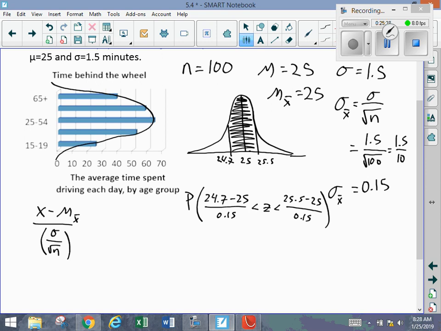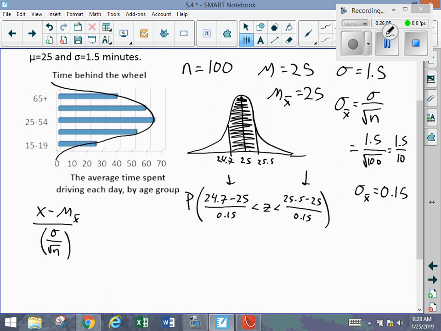Sorry, those things are running into each other there. I'm going to move this over. Don't worry, nothing has changed in your notes. Before, what you would do is find this z-score, go to your table, and find an area.